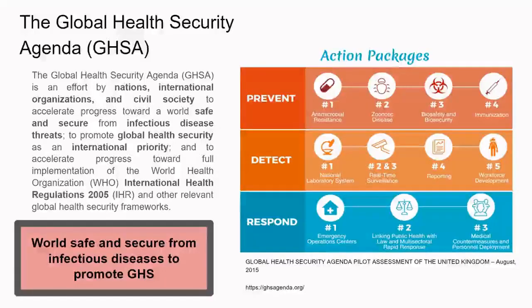On top of that, the Global Health Security Agenda works on this issue, and they have proposed action packages to prevent, detect, and respond to these threats, and to make the world safe and secure from infectious diseases, and to promote global health security.